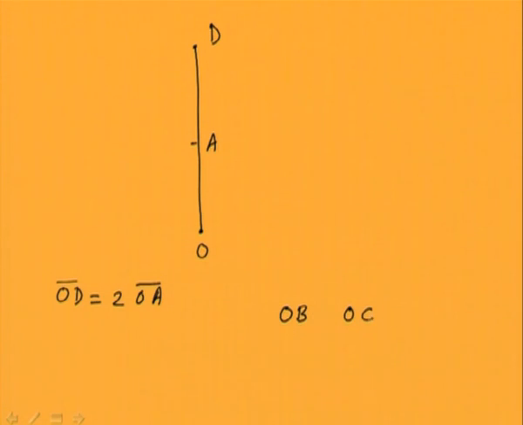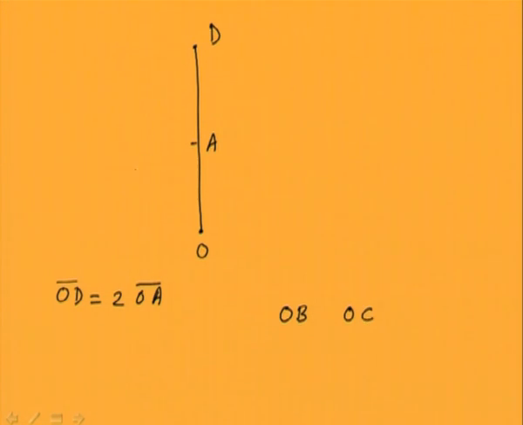Let us draw a line in any direction, and the magnitude of OD is twice OA, the measurement which we have taken. The inclination of OD can be any direction. Now with the help of the OB and OC measurements, we'll cut arcs.